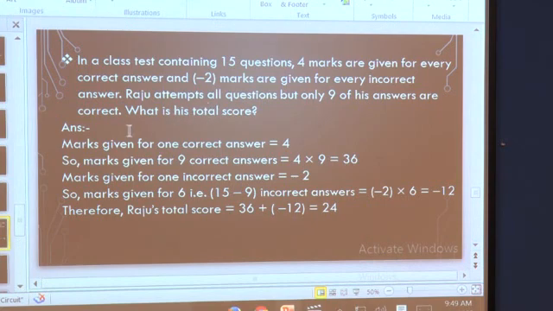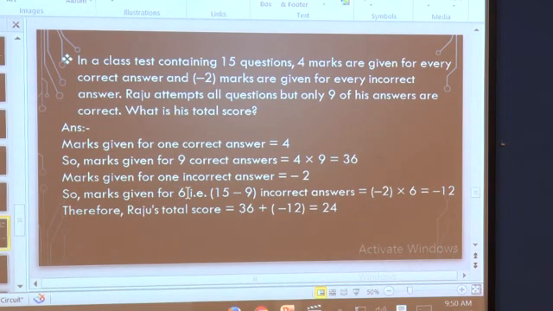Now marks given for one correct answer is how much? 4. Yes, because it is a word problem, we have to write a statement. So marks given for 9 correct answers, because Raju had 9 correct answers, is 4 multiplied by 9, which is equal to 36. So Raju got 36 marks for 9 correct answers.